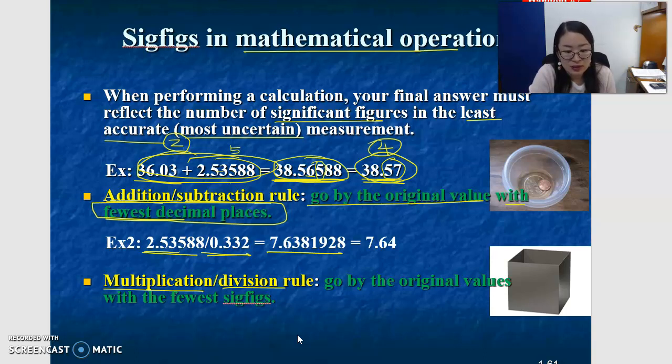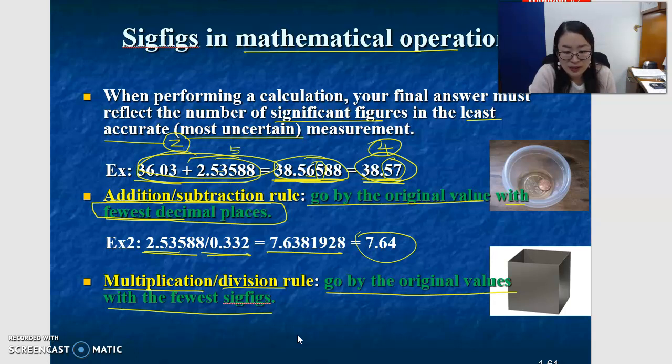I have to determine how many sig figs for my measurement. When you have multiplication or division, your final answer needs to go by the original values with the fewest sig figs. Okay, so let's have a look at which one has fewer sig figs.